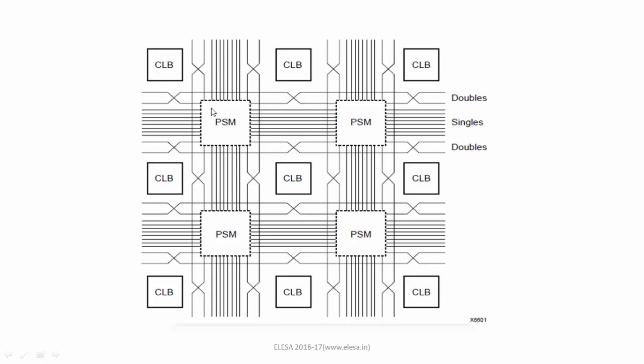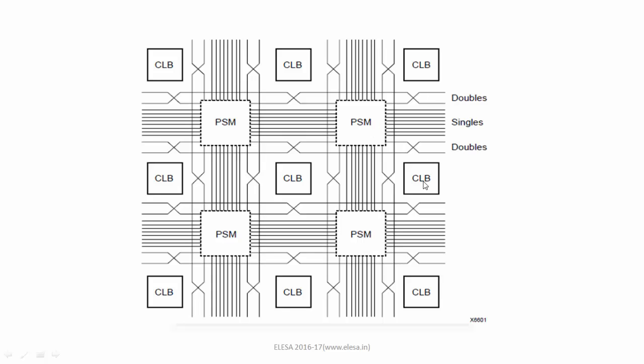So of course, if the routing is done through this matrix, then some delay is added to it. That's why the 3 categories are made: single, double and long. The singles are the wires that go into the PSM every time.